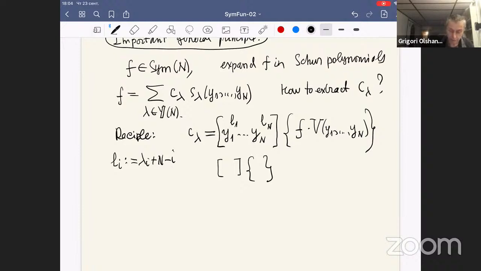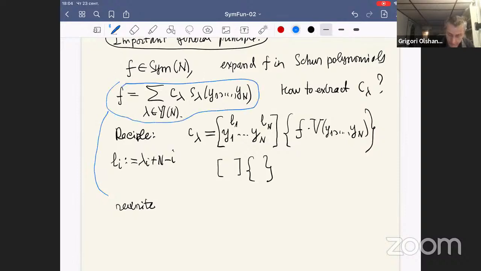We rewrite this as follows. F multiplied by the Vandermonde is equal to the sum over lambdas of some unknown coefficients, and then we have the determinant.